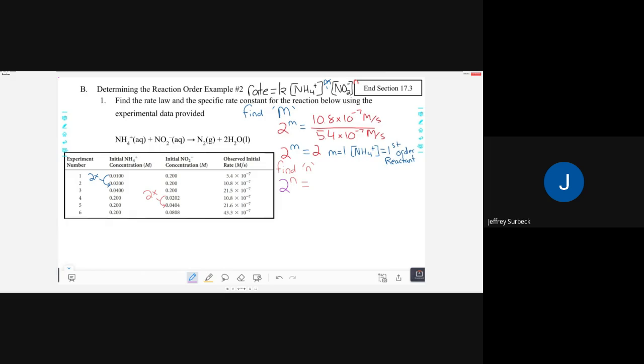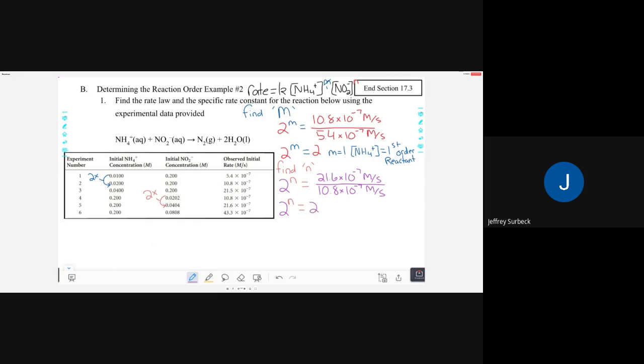So we're going to say, all right, 21.6 times 10 to the negative 7th M over S, all divided by that rate in experiment 4, which is 10.8 times 10 to the negative 7th M over S. Our 2 to the n power equals, what's that number become? 2. 21.6 divided by 10.8 becomes 2.